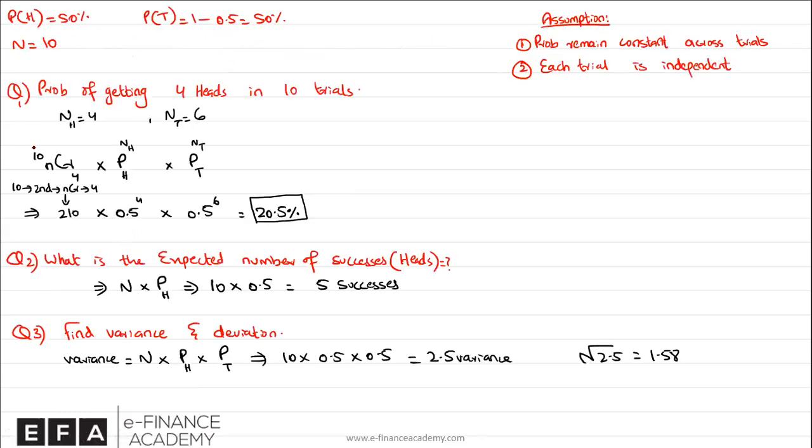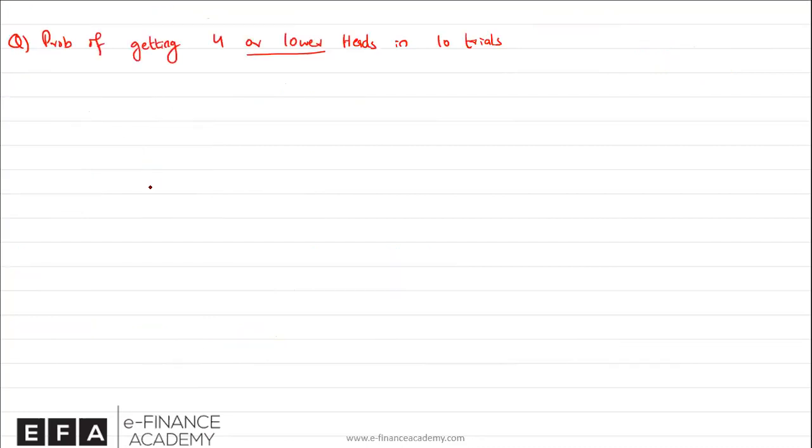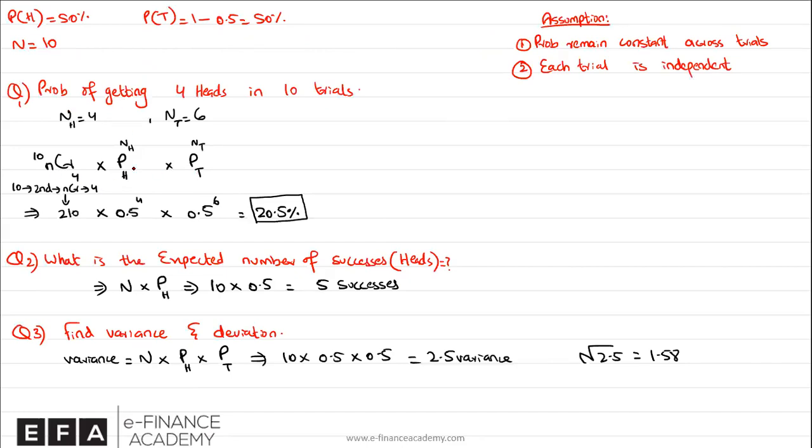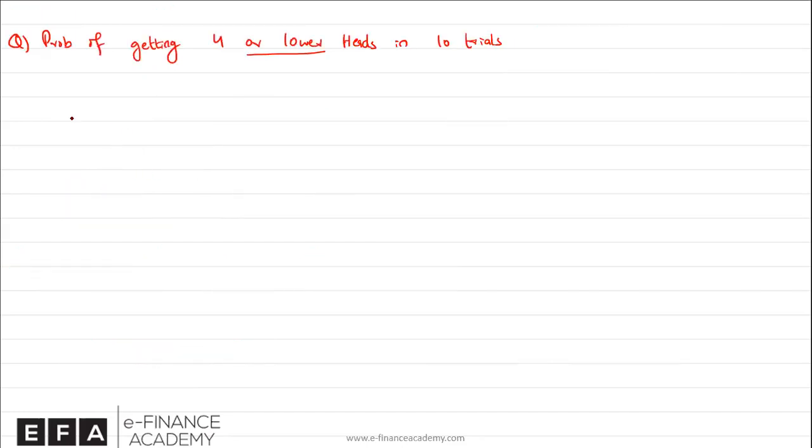Look, we got the probability of getting exactly 4 in 10. So we will have to repeat the same expression multiple times. We will first say the probability of getting 4 out of 10: 10 NCR 4 times the probability of head to the power of the number of heads. How many heads are we looking for?